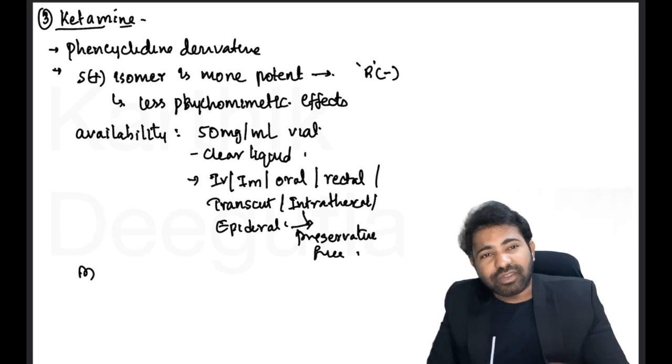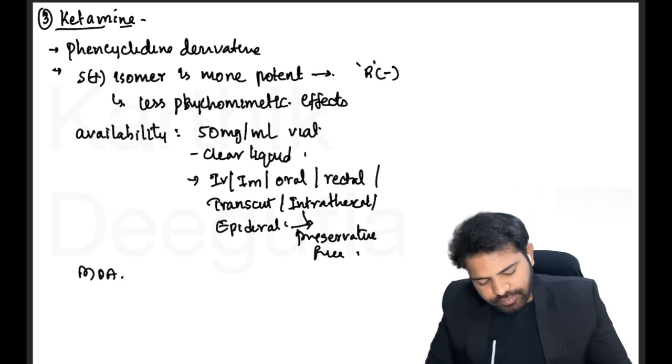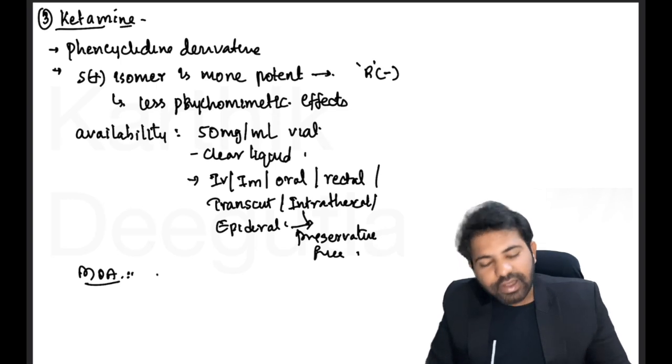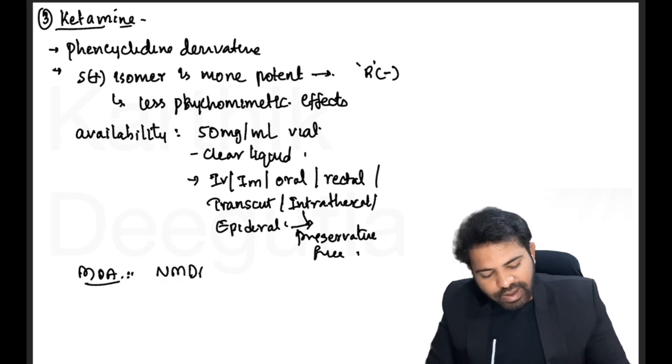Next, what is the mechanism of action of ketamine? Its main mechanism of action is on NMDA receptors, which will cause unconsciousness. This is a PYQ.